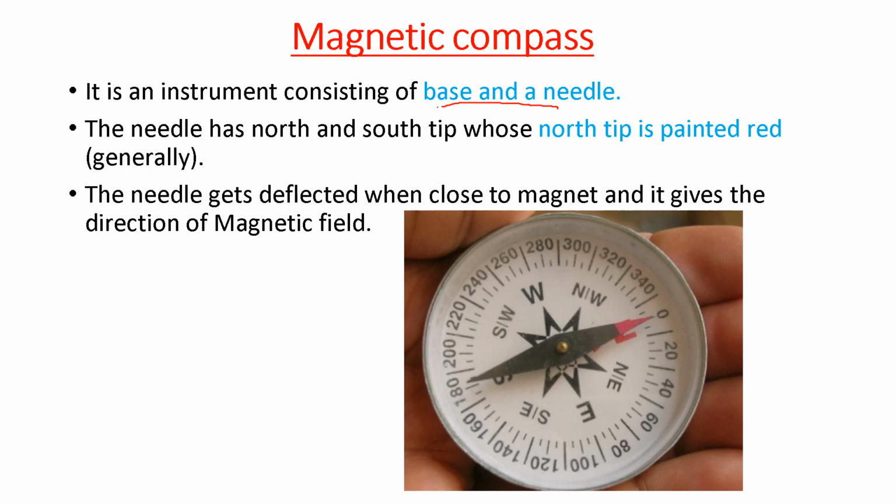Generally the needle has two poles, that is north and south tip, where the north tip is painted red. Here we can see in the figure the north pole is painted red, and this needle gets deflected when it comes close to a magnet and gives the direction of the magnetic field. So this magnetic compass is going to be used for finding out the patterns of the magnetic field lines that we will study later in this video. So this was about the magnetic compass.